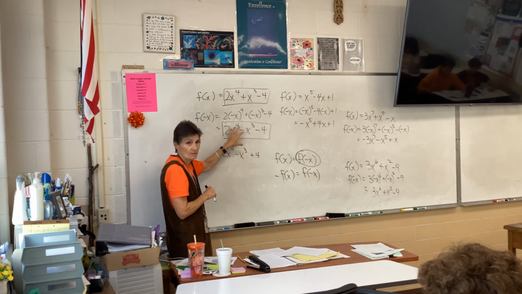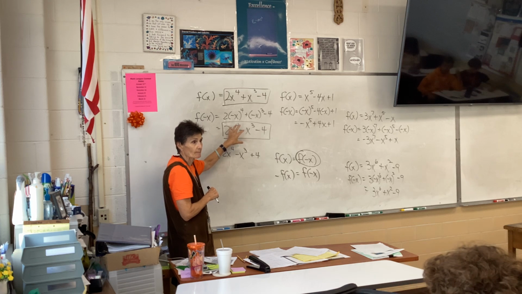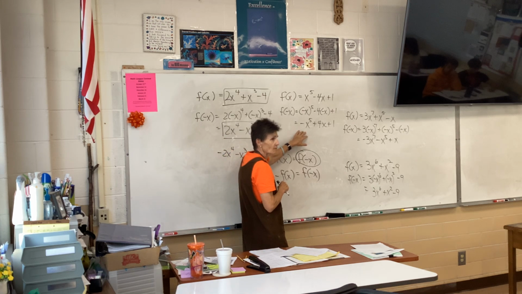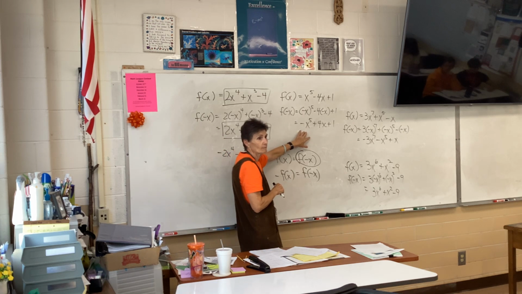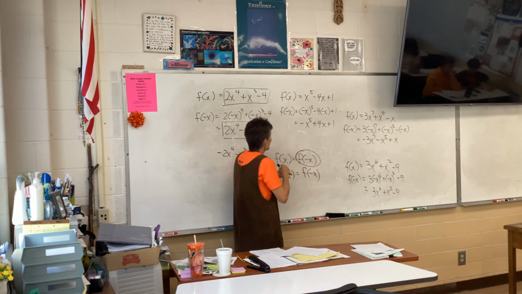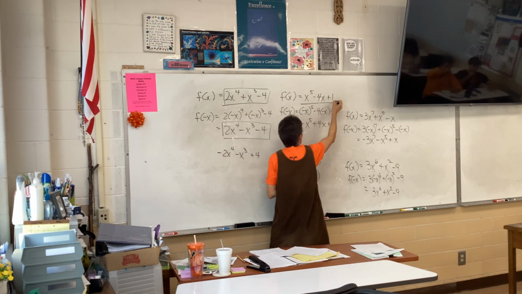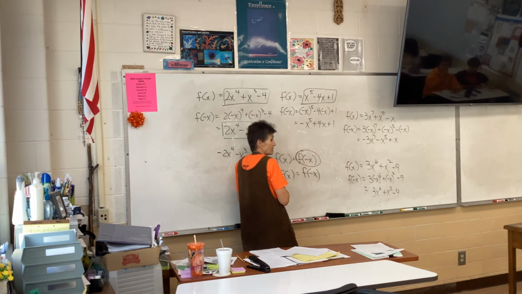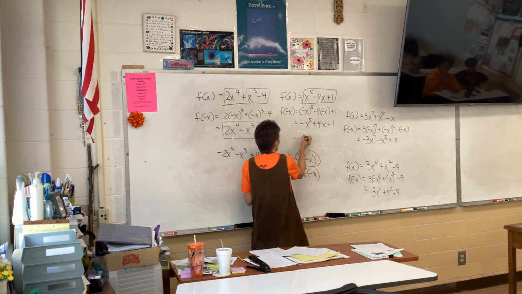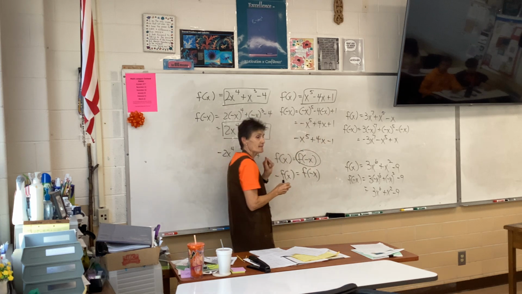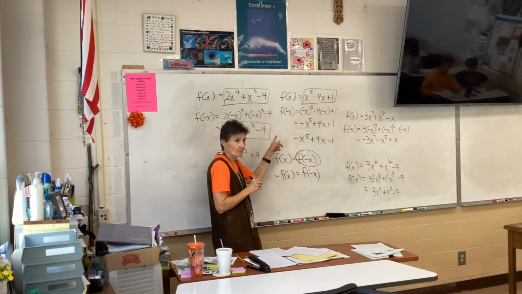So this is neither. Does everybody understand that? Okay. Would you say for this one neither? Because again, if it was even, this should have matched this, and it doesn't. If it was odd, I should have gotten the exact opposite, which I didn't. So that's another neither.